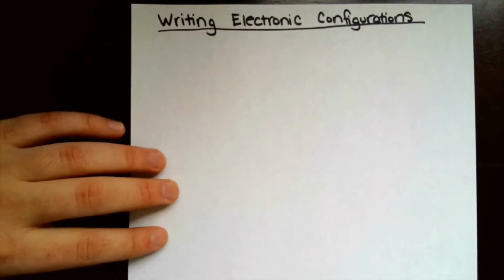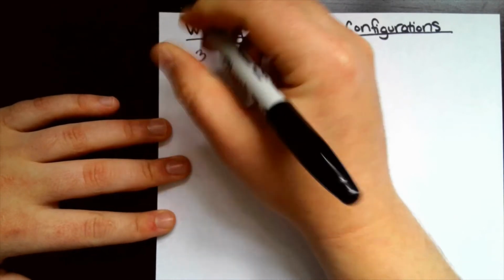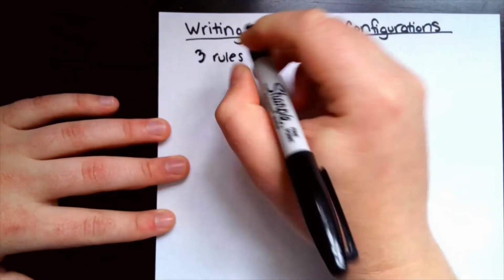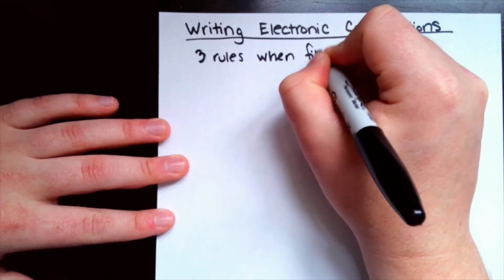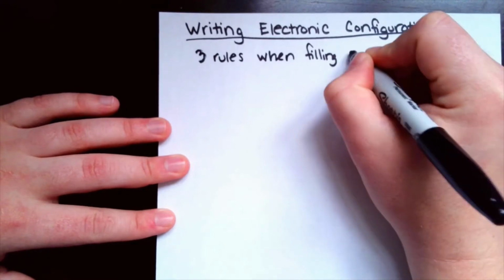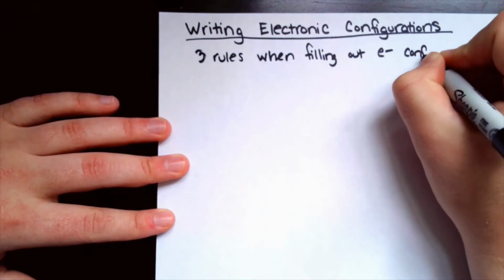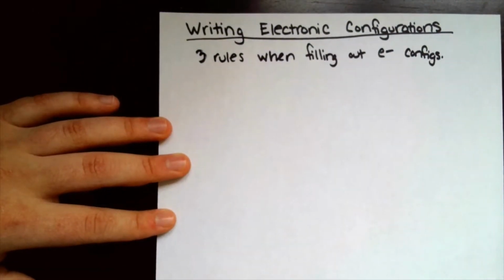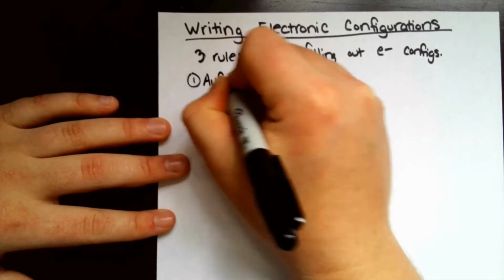So to start, there are three rules when filling out electronic configurations. The first of these is the Aufbau principle.